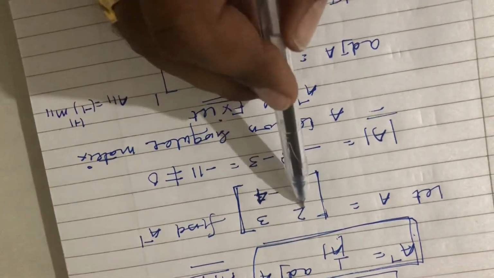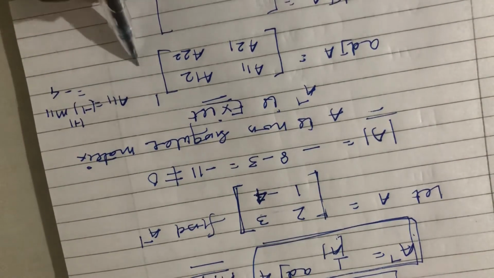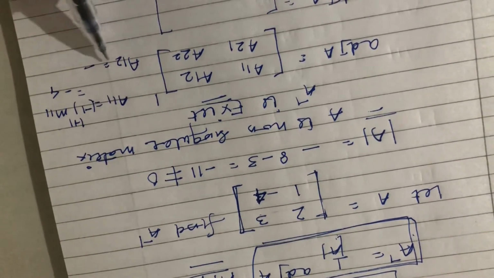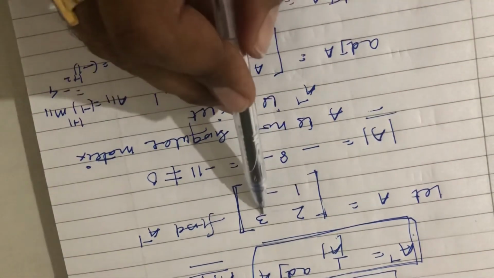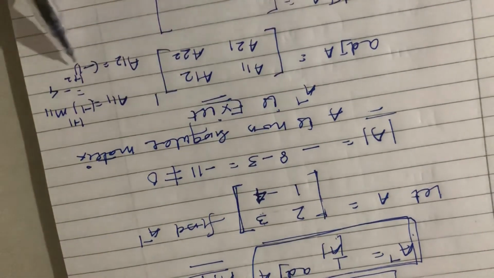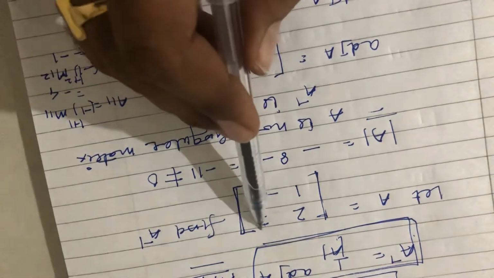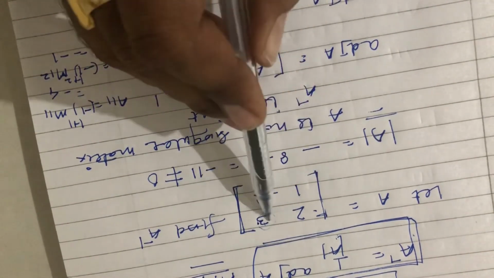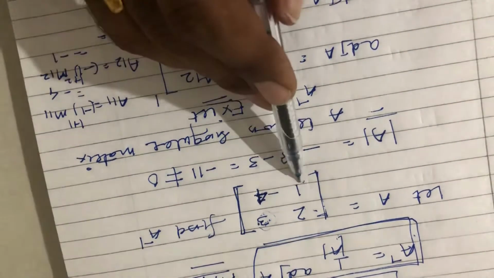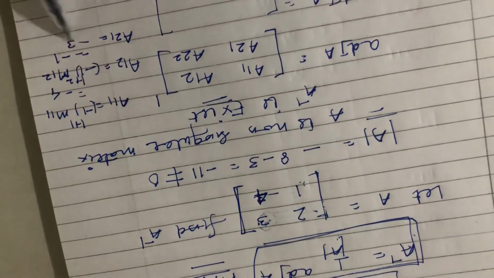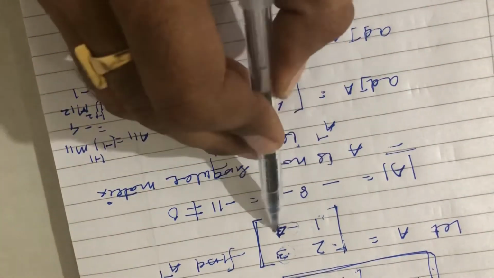M11 is minus 4, because minus 1 raised to power 2 is 1. Now A12 has a minus sign because minus 1 raised to power 1 plus 2; M12 is obtained by deleting the corresponding row and column, which gives 1, so A12 is minus 1. Then we want A21: delete the row and column, it is 3, so A21 is minus 3. A22: minus 1 raised to power 4 into M22, which is 2.